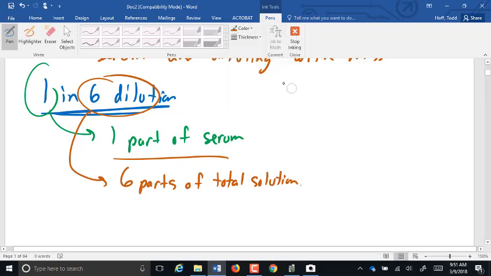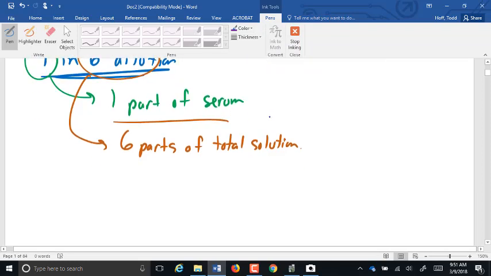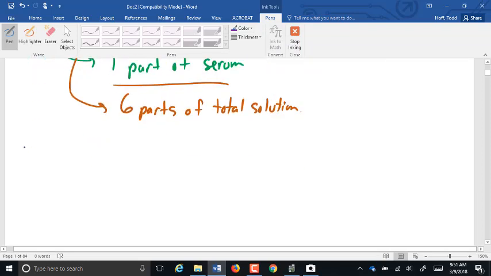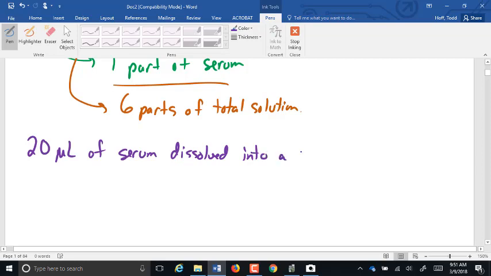Well, how would that work? Well, let's look at some examples of this. Let's say that we have 20 microliters of serum dissolved into an 80 microliter solution.